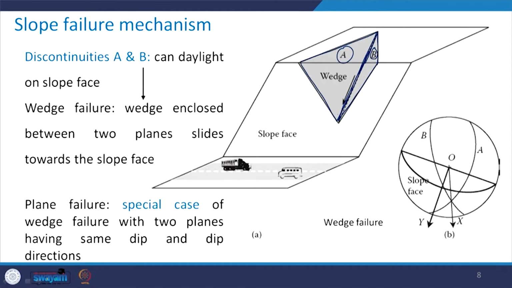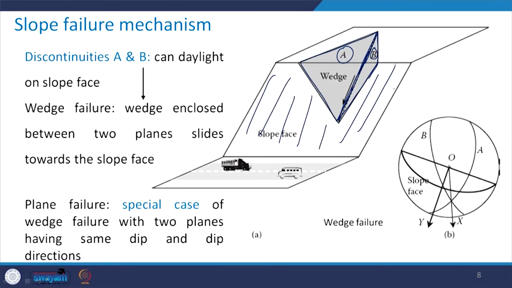So, both these discontinuities A and B, you see, they are daylighting this slope face, which is this face. This is the slope face. So, both of these are daylighting the slope face.